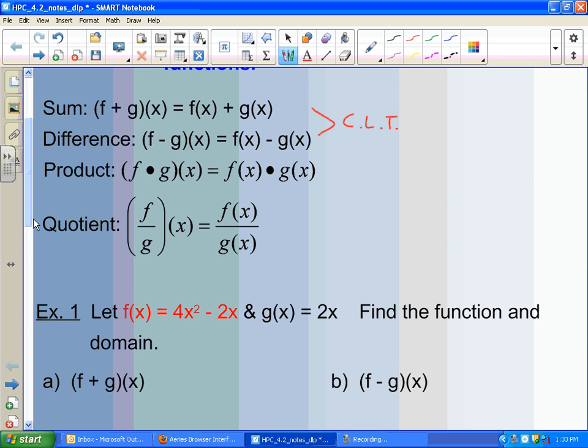With product, we end up distributing property. Foiling, right? If we have two binomials. So we're just thinking about distributive property for product. And then you can leave your answer in expanded form.